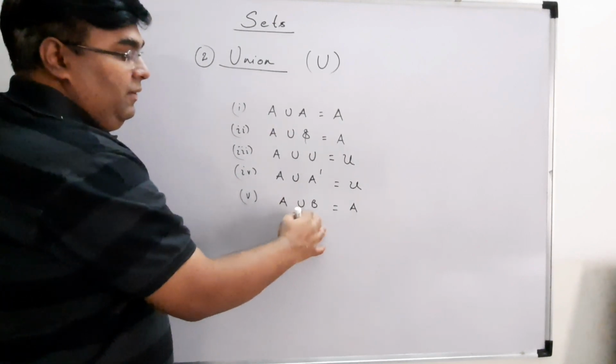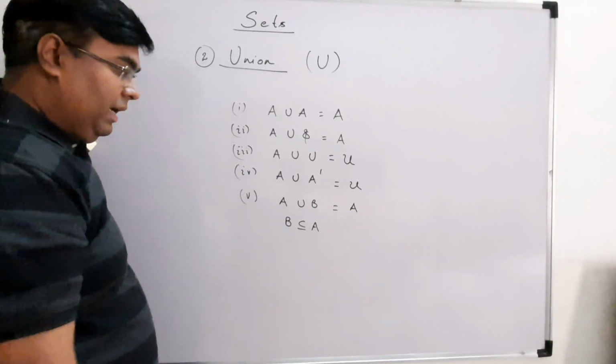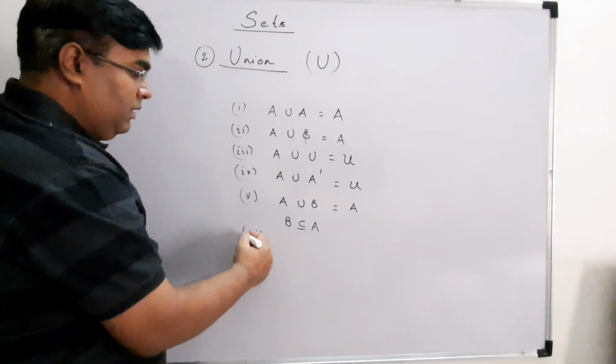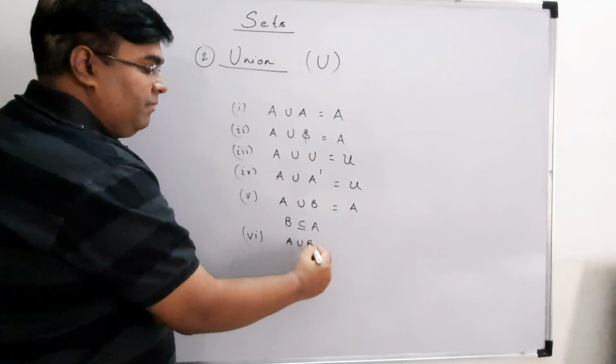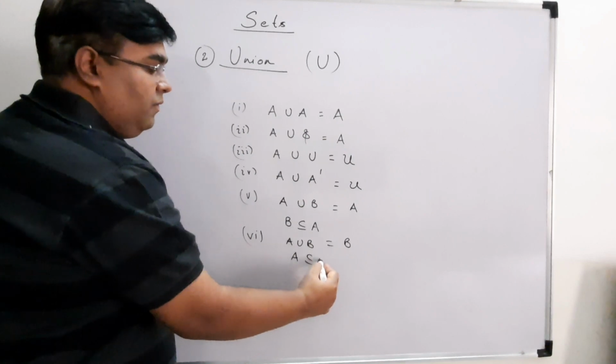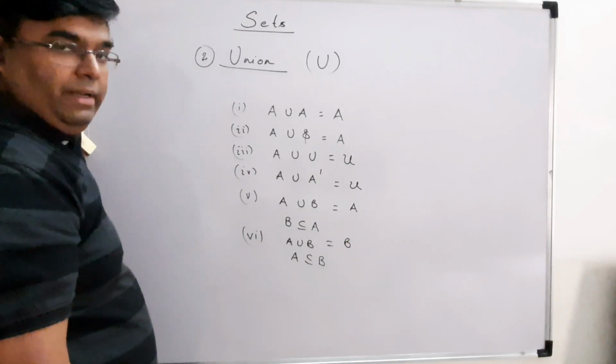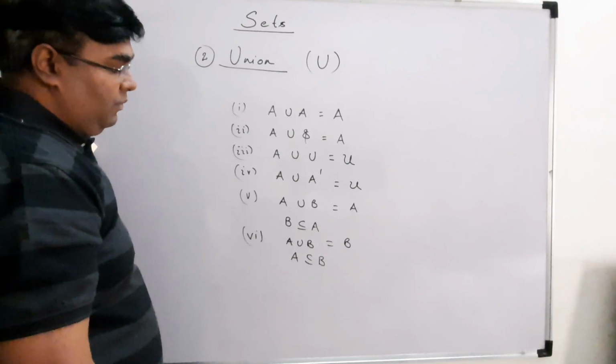So if A union B is A, all the elements of B are also in A. Similarly, if A union B is equal to B, it means A is a subset of B. Correct?